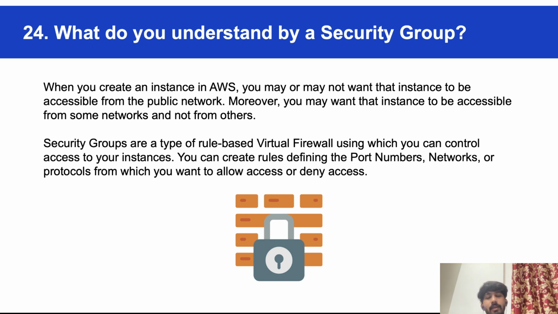Let's say you want a particular range of IP addresses to be denied. Whenever a request comes from that IP address, they wouldn't be allowed to access the instance because the security group will stop them. It's basically very simple. You can control who can access and who can't access the instance, and where the request comes from, everything using a security group.